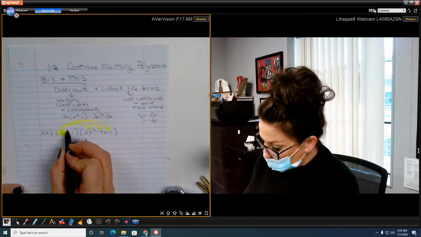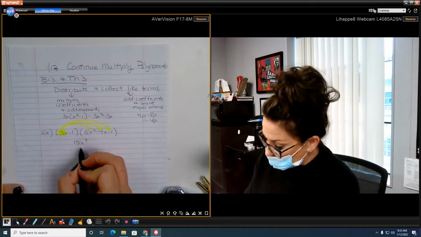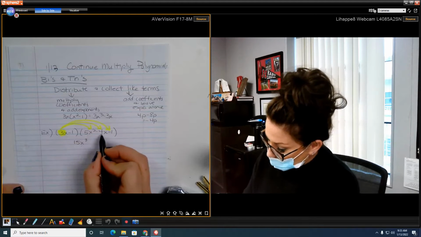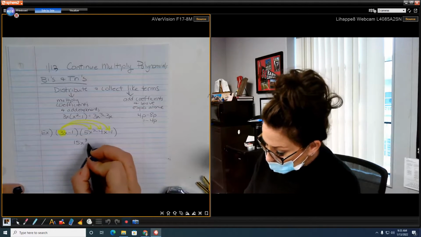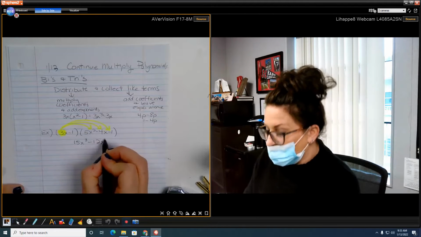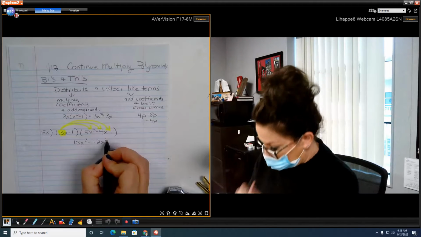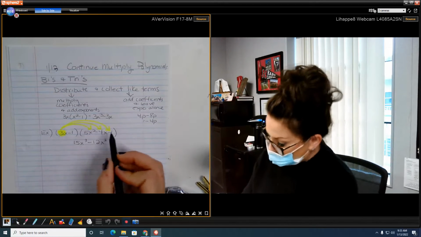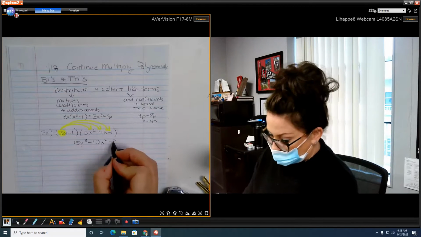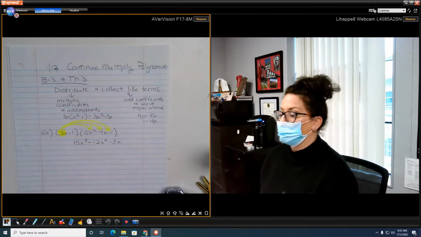Remember that imaginary 1. 3x and 5x squared is 15x to the third. 3x and negative 4x, negative 12x squared. 3x with a negative 1, negative 3x. So that was our distributing.